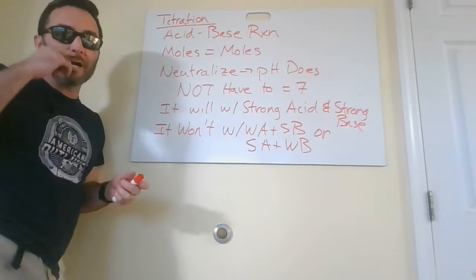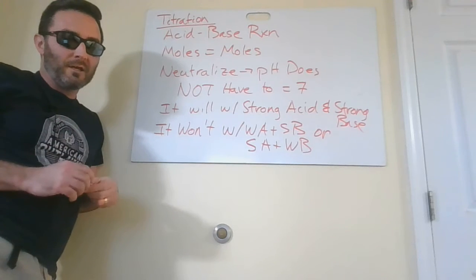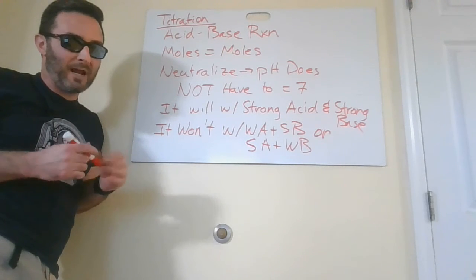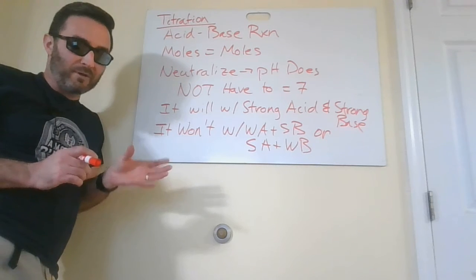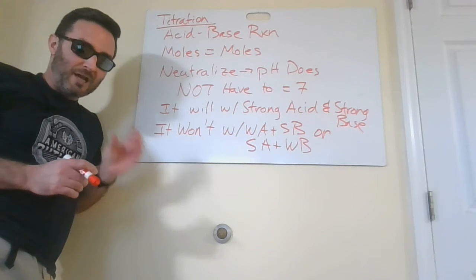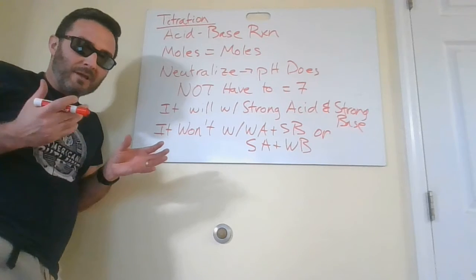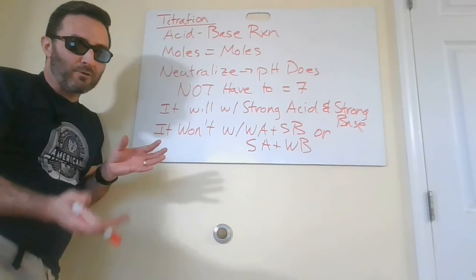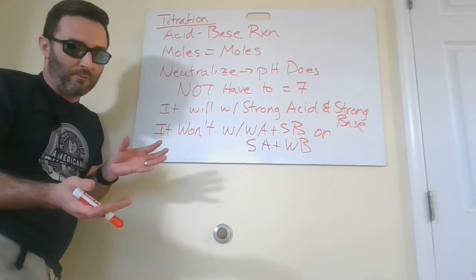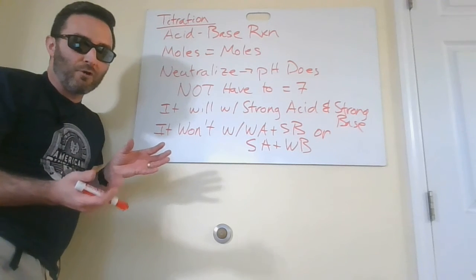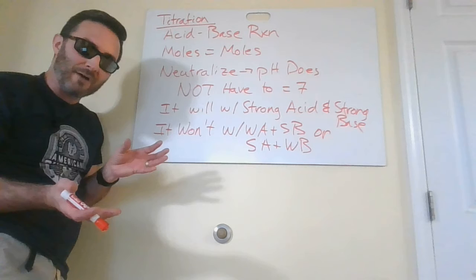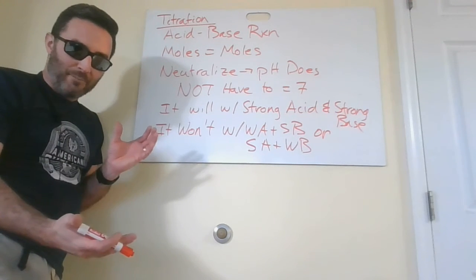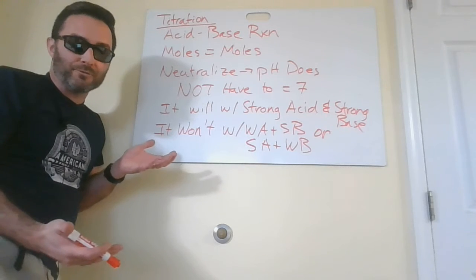And the goal when you titrate is you're trying to take either an acid or a base. Well, in this example, I'll talk about an acid, where you've got a volume of it and you know the volume and you know the molarity, and then you've got a sample, in this case the base, and you either know the volume and you don't know the molarity, or you know the molarity but you're not sure how much you have, and you want to knock out your sample and you want moles to equal moles.